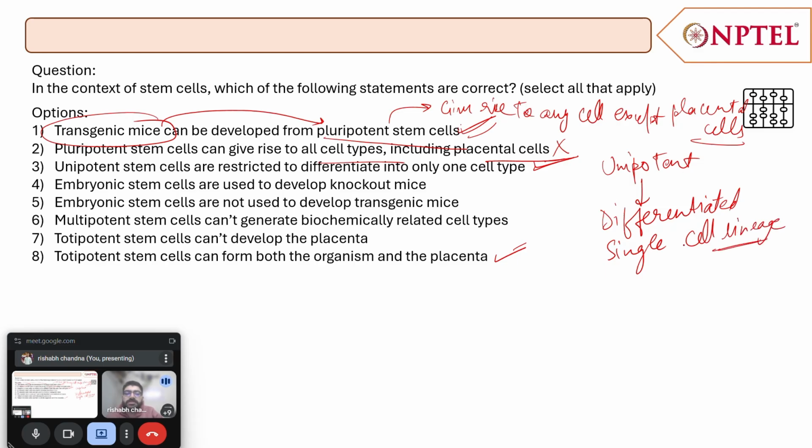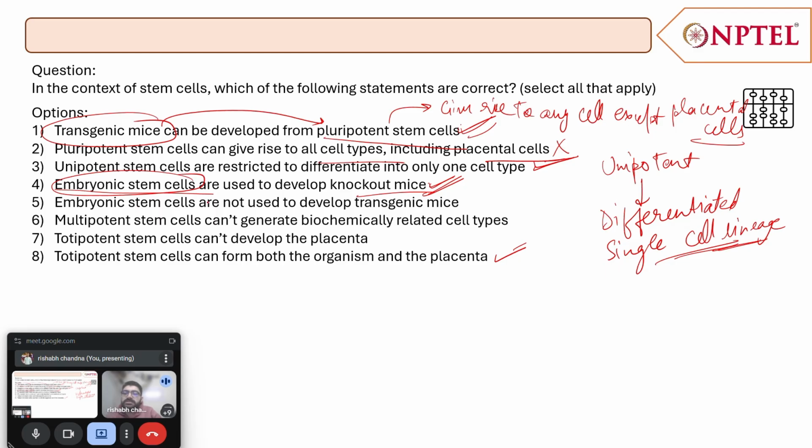So that means they can form any tissue that has a similar function, of that particular lineage. So this is also correct. Then we have the fourth one: embryonic stem cells are used to develop knockout mice. Yes, this is correct. The embryonic stem cells are basically the pluripotent stem cells. So yes, they can develop the knockout mice. So this is also correct.